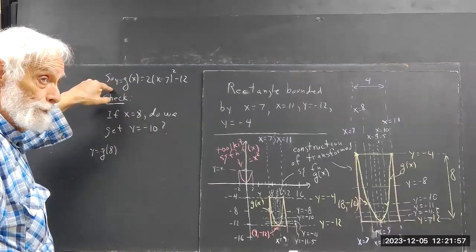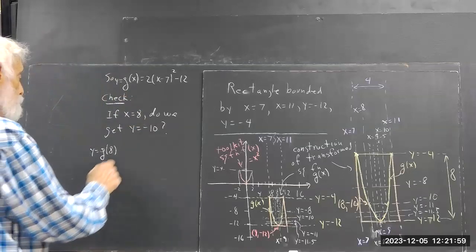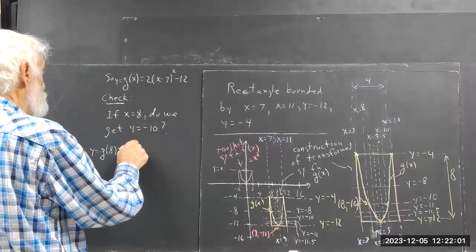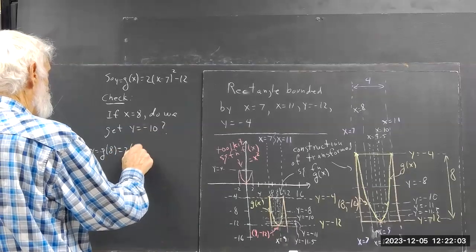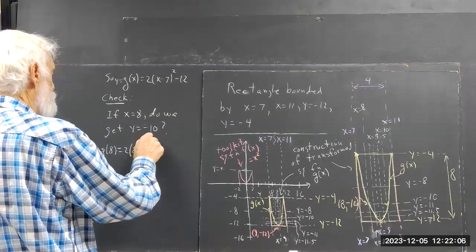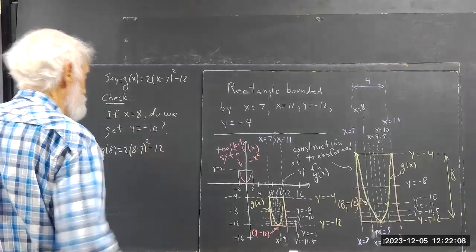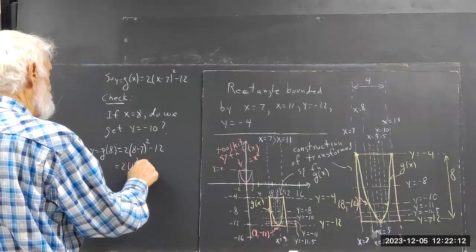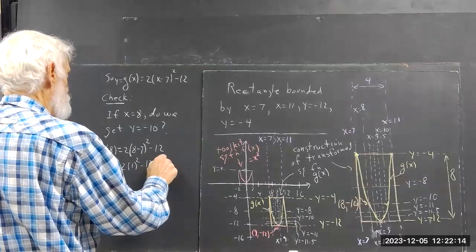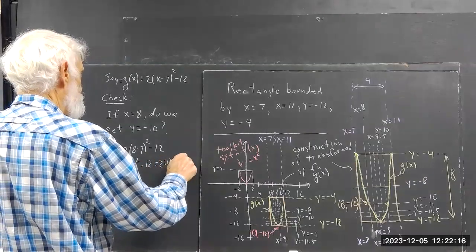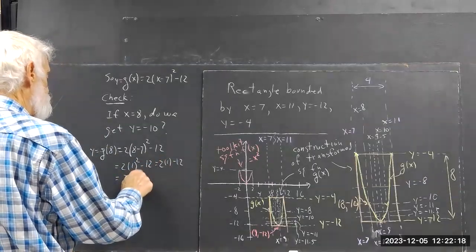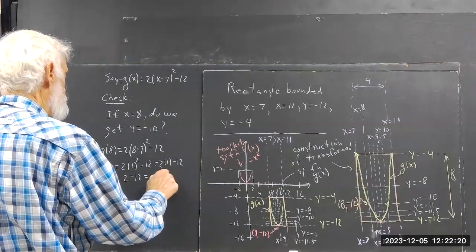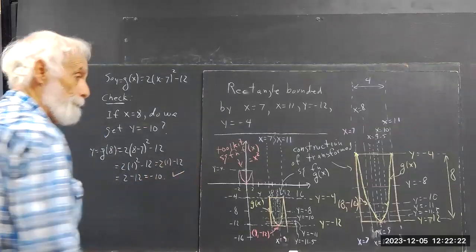Is it 10? -10? g of 8, that's gonna be 2 times 8 minus 7 squared minus 12. That equals 2 times 1 squared minus 12, which is 2 times 1 minus 12, which is 2 minus 12, which is -10. Yep.